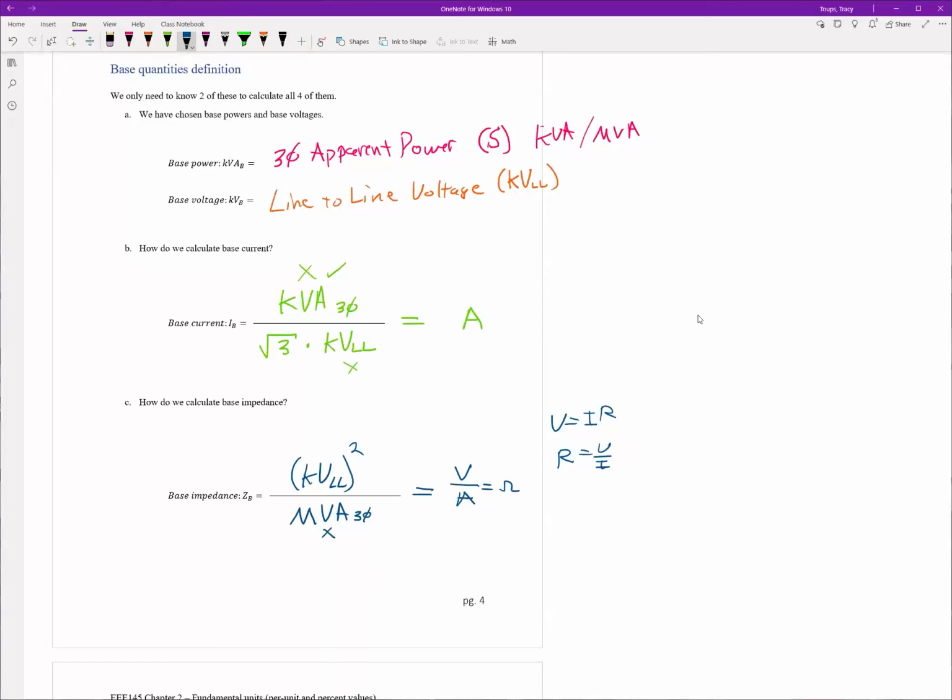If we cancel a V here and cancel 1 over V over there, we're left with a voltage, because squared means voltage times voltage. One voltage is canceled, another one's canceled. So we have volts over amperes in the end, which is ohms. Let's check the units. Everything works out. So these are the 2 major formulas you're going to see over and over again whenever you're doing base quantities and per unit systems.